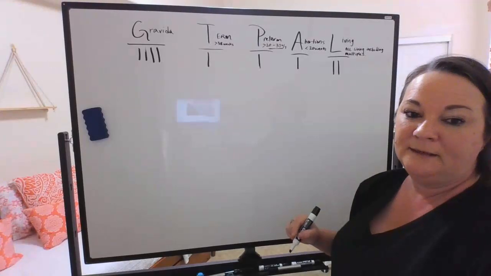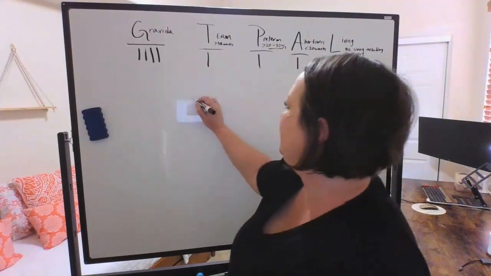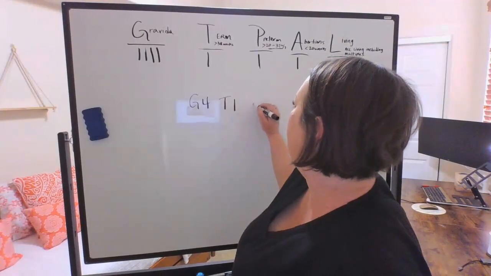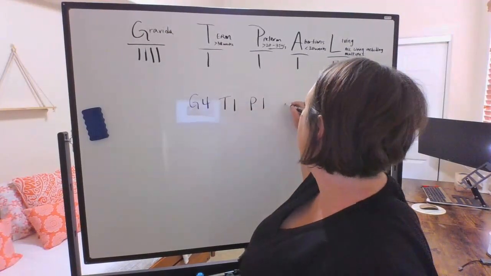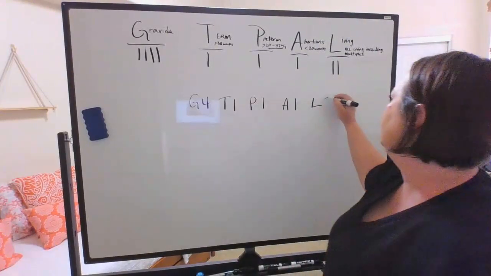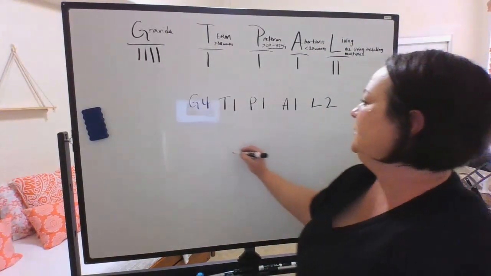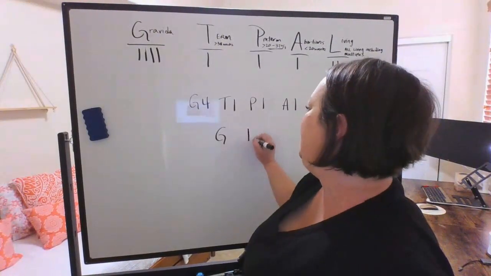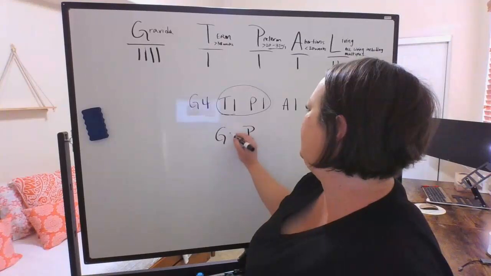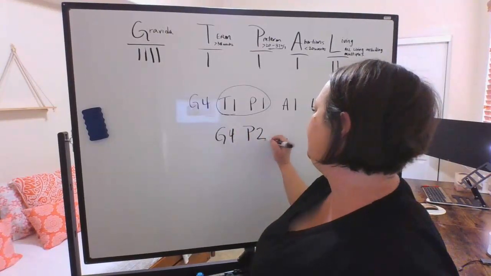Perfect. What is her GT PAL? She is a gravida 4, term 1, preterm 1, abortion 1, living children 2. In her G's and P's form, we combine our term and preterm. She's a gravida 4, para 2.